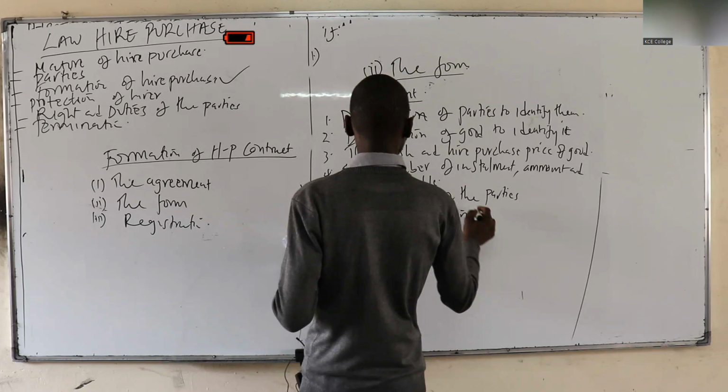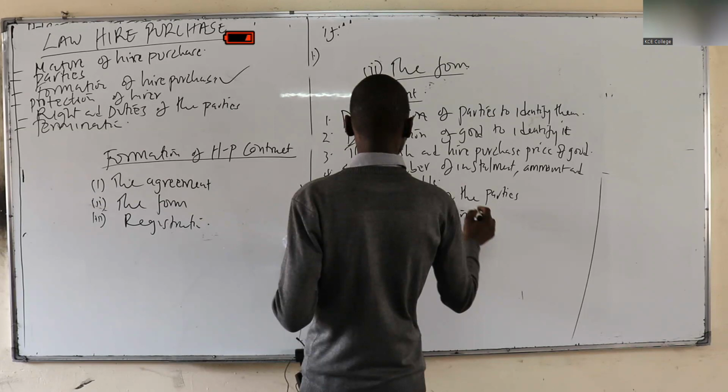Conditions and warranties. We said warranties are 2 and conditions are 5. We have right to sell, which was mentioned first. Number 2, sale by sample. Number 3, correspondence with description. Number 4, fitness for the purpose.